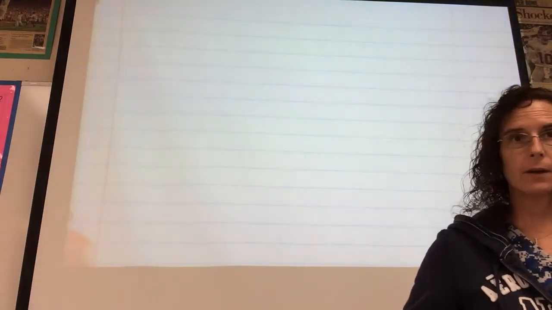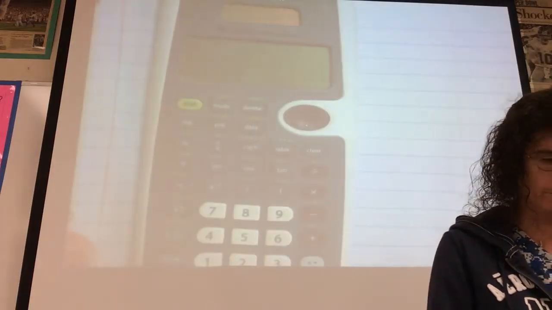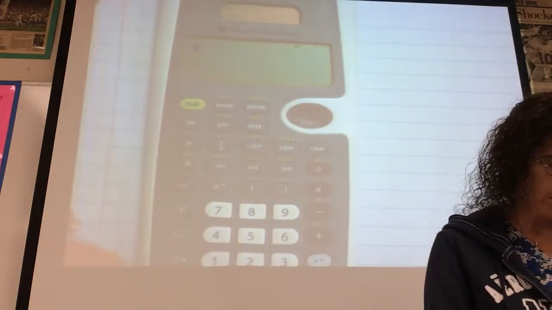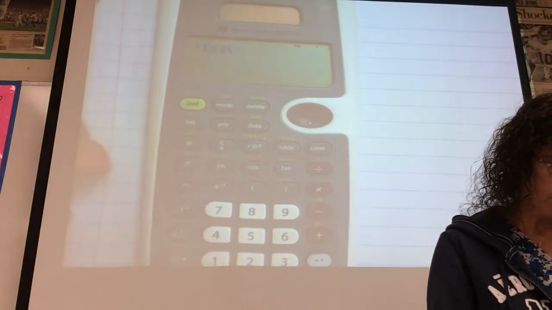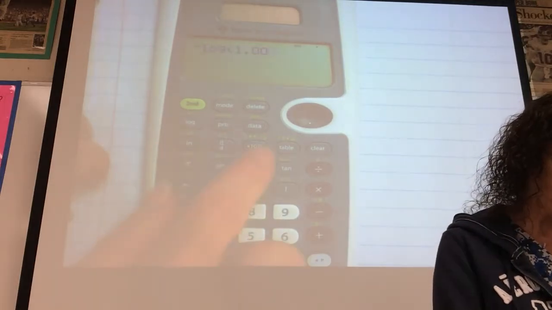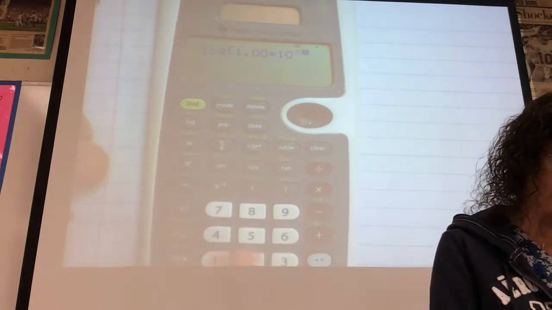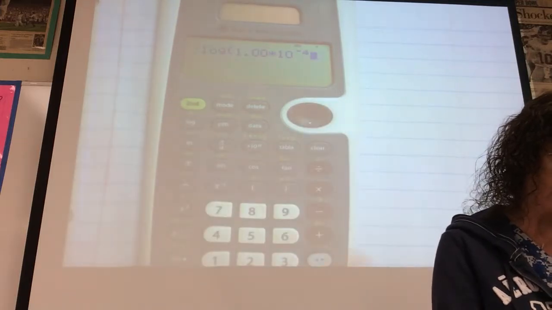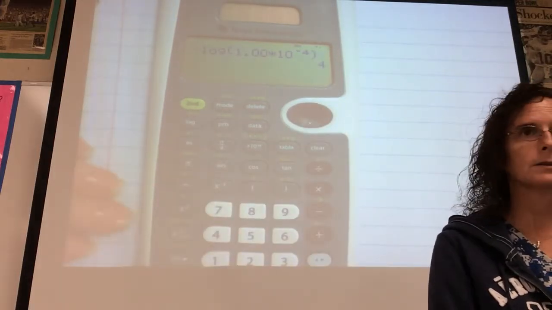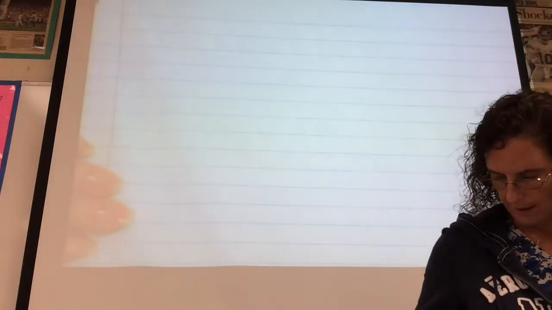If you have this multi-view, you're going to do negative log, 1.00, the times 10 to the n, negative 4, take it to the side, close, equals. If you have this, you're going to do everything backward. Does anybody have this?